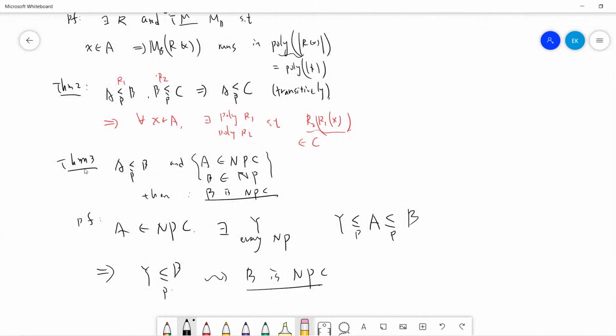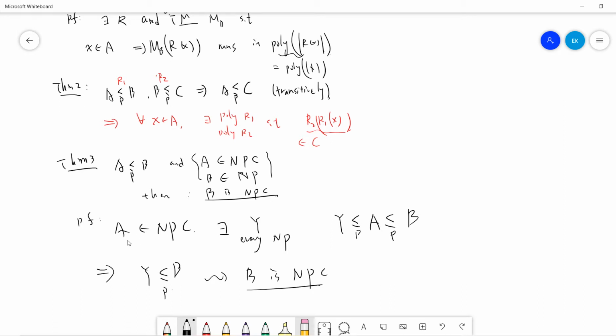Theorem 3 is very important. If you want to prove that something is NP complete, you use this lemma. If A reduces in polynomial time to B, and A is an NP complete problem, meaning you already found some difficult NP complete problem, and B is also in NP, then your intuition tells you that B is NP complete.